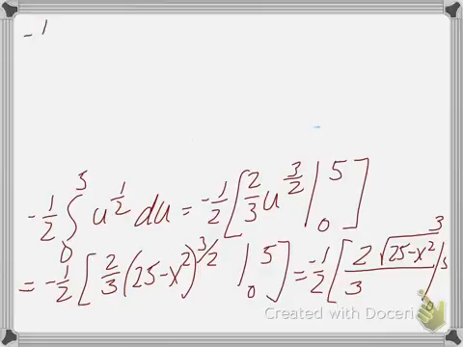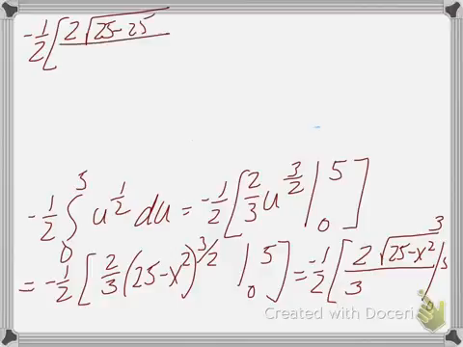So we have a negative 1/2, 2 radical 25 minus 5 squared, which is going to be 25, over 3, and it's to the 3rd power. And when you put 0 in there, you just get 0, so we don't have to worry about that.